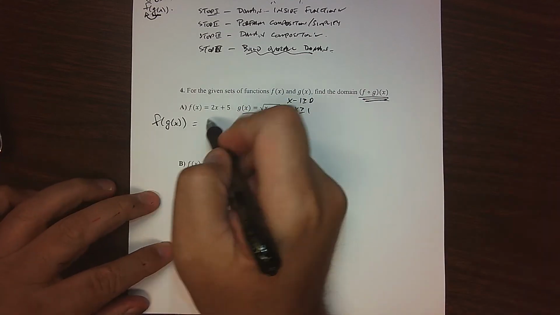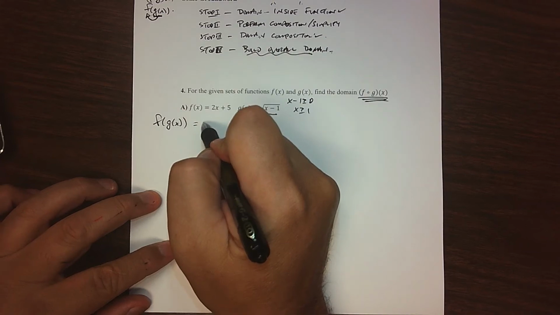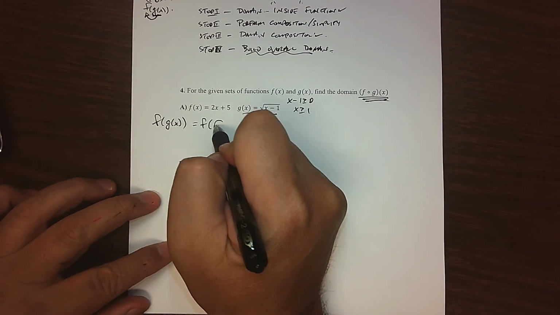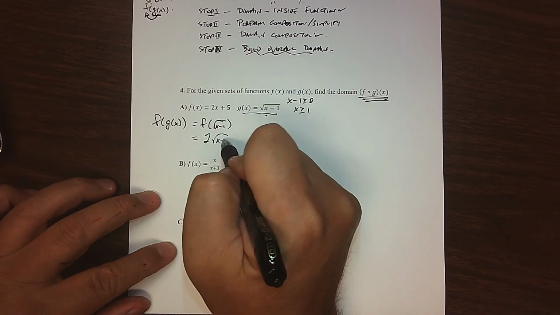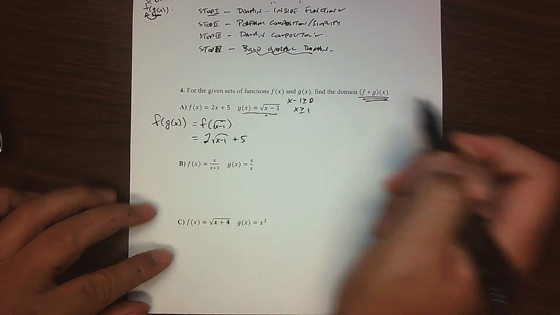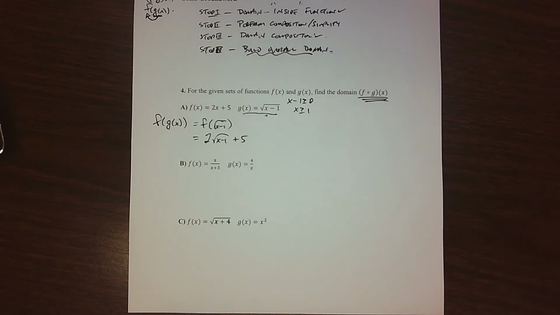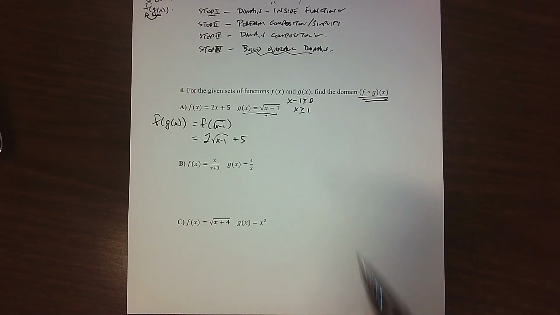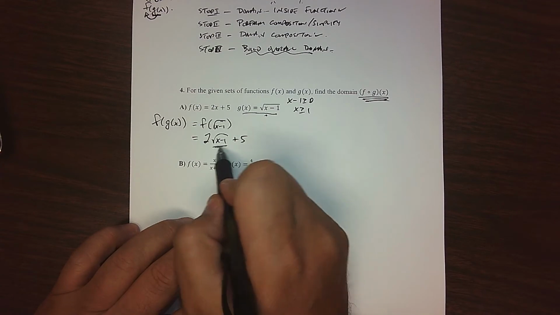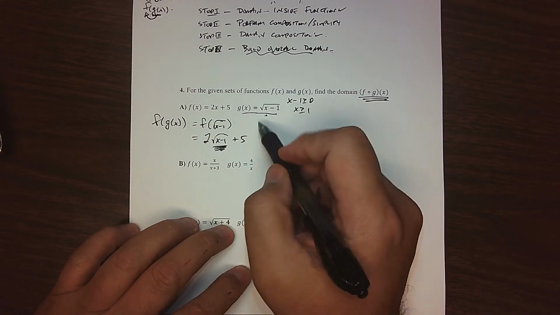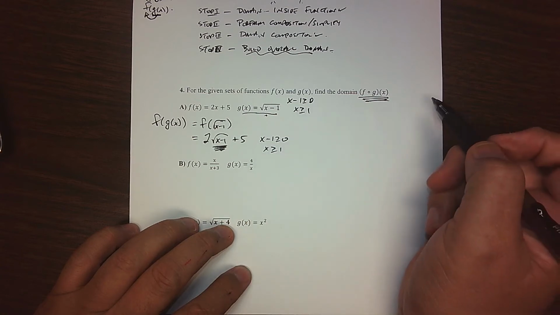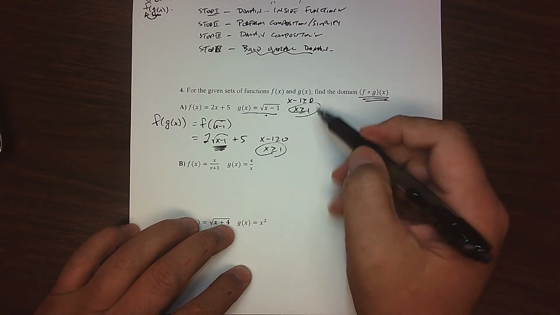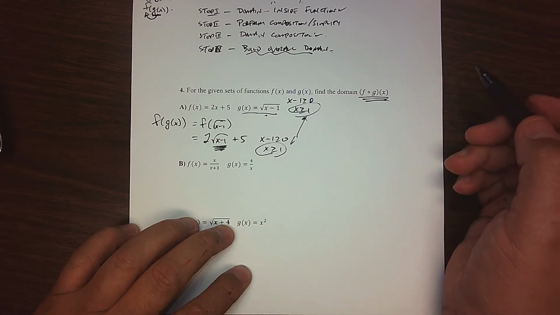When I put this in, we're looking at f of the square root of x minus 1, which is 2 square root of x minus 1 plus 5. There's our composition, and the domain for this one is still limited by that same condition, x greater than or equal to 1. So the two essentially coincide with each other.